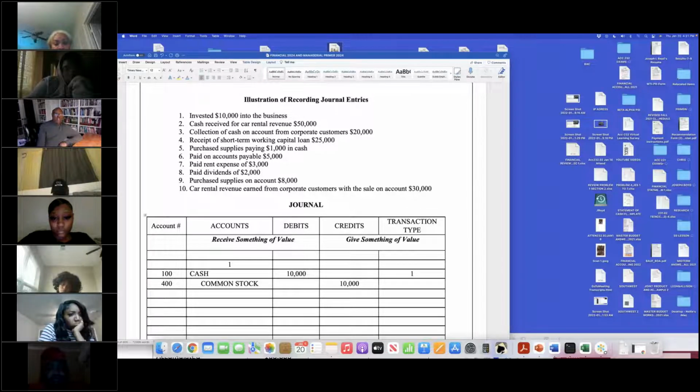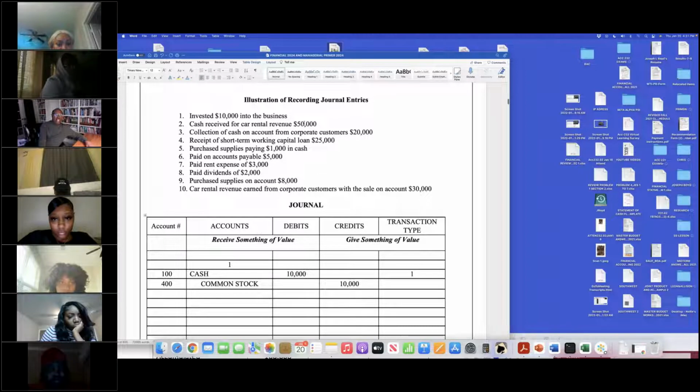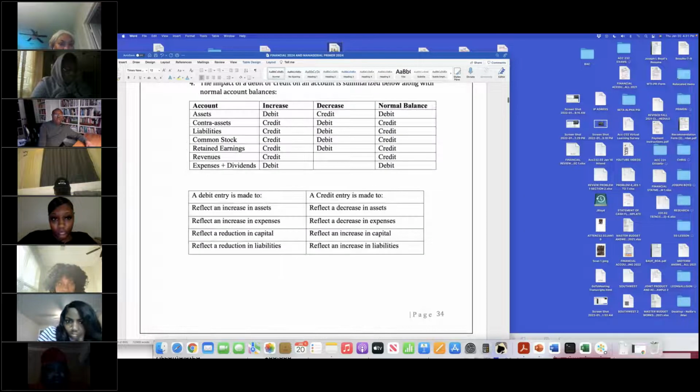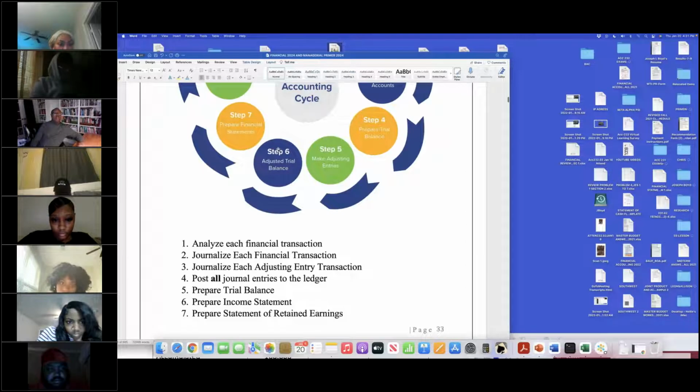Let's go to the second one, cash received for car loan revenue. Cash is coming in, so we have to go back up here to cash. Cash coming in.